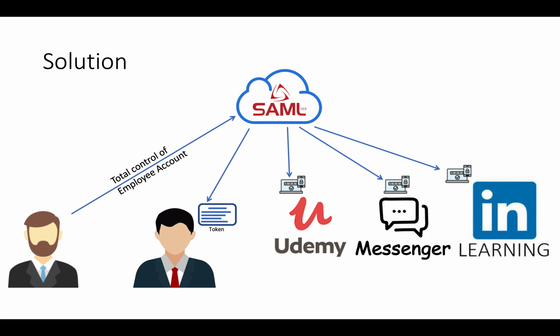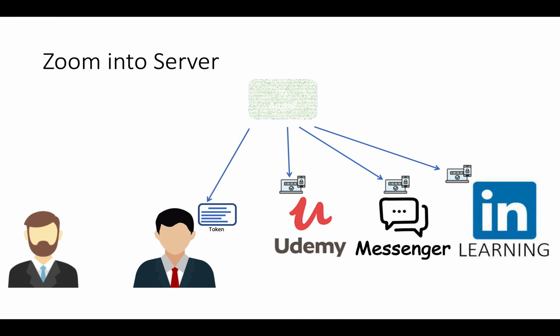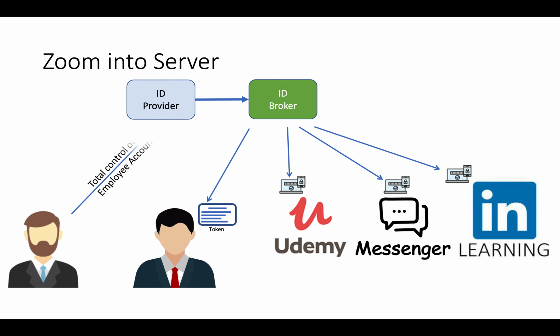So let's start. Let's first zoom into the server. SAML has an identity broker. This will provide the login screen, generate token, maintain token, and validate token. Then comes the identity provider. This can be Active Directory, an LDAP server, or any such kind of system.